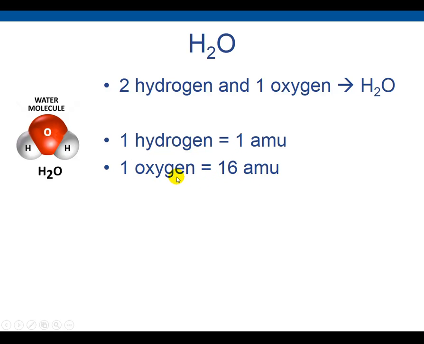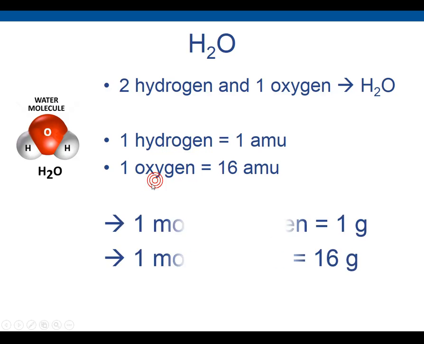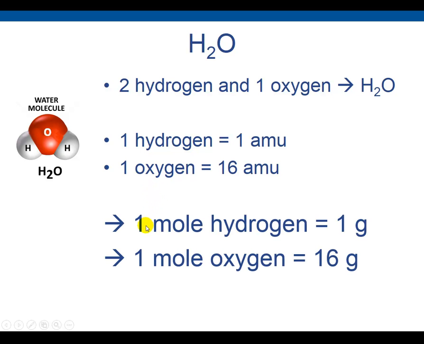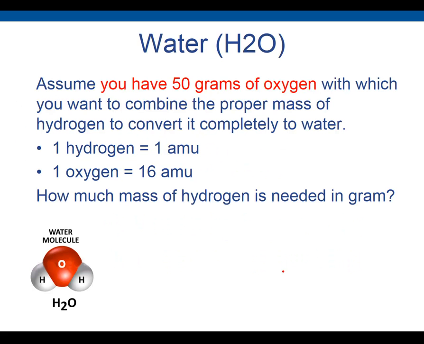So 1 oxygen is much heavier than 1 hydrogen. What is 1 mole of hydrogen? 1 mole of hydrogen is 1 gram, and 1 mole of oxygen is 16 gram. Can you follow this?